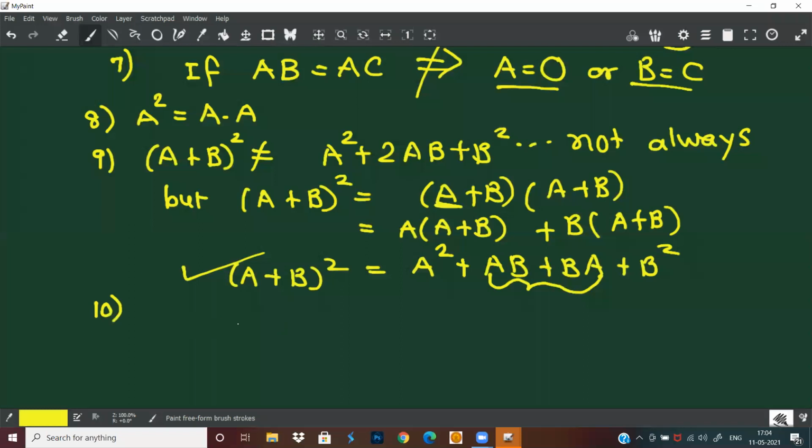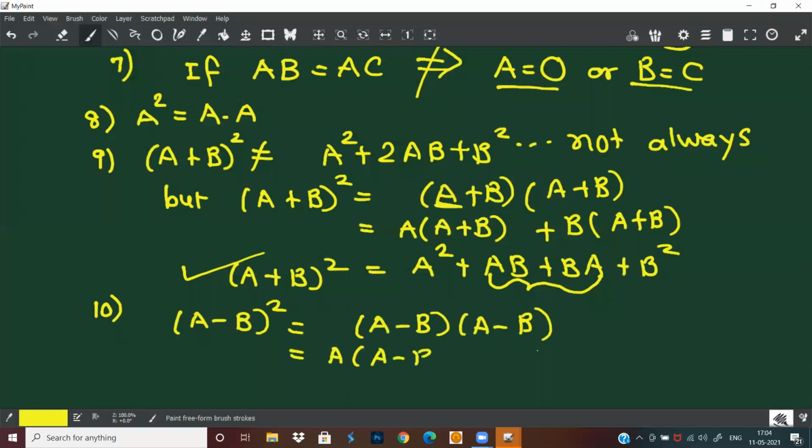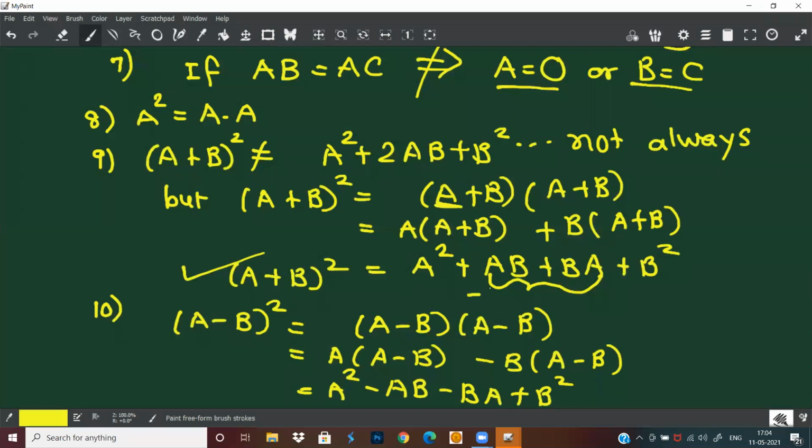अभी A minus B square दिखाने की जरूरत नहीं ना. You will know ना how to do. It's going to be, means anytime if they ask you A minus B square, तो ये करना है अपने को. A into A minus B into A minus B, which is A square minus AB minus BA plus B square. मतलब यहाँ जो दो terms positive है, वहाँ ये दो terms will be negative.